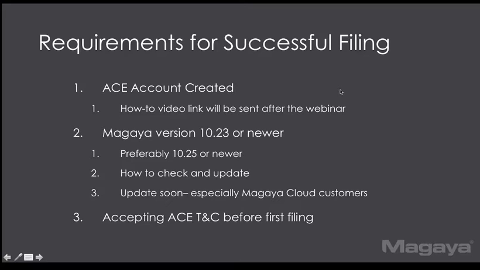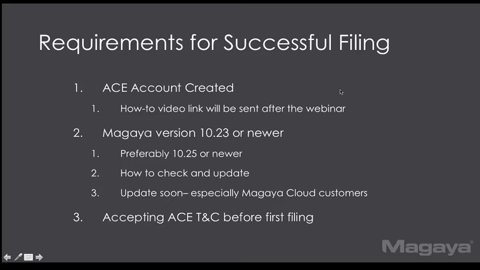Secondly, you will need to be on a Magaya version that is 10.23 or newer. So not just any version 10.2, specifically version number 10.23. And actually, preferably you would be on 10.25 or newer, because in release 10.25 we fixed a pretty significant issue with the EEI filing to ACE.